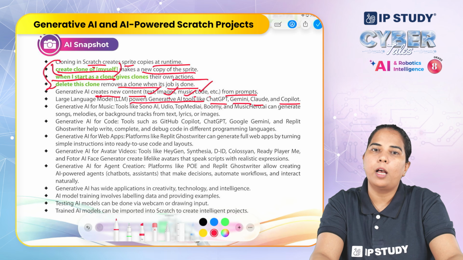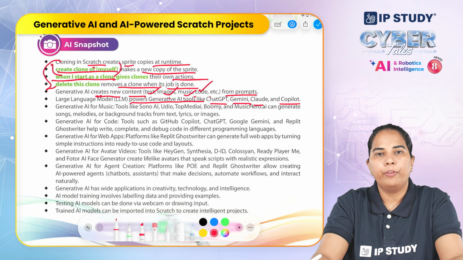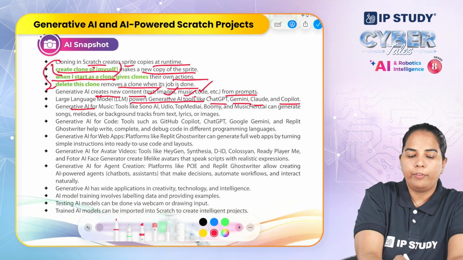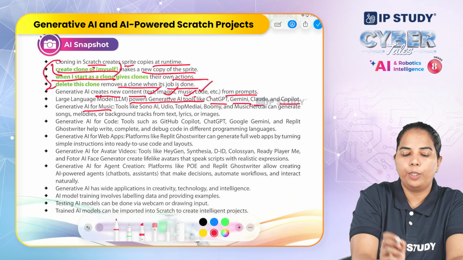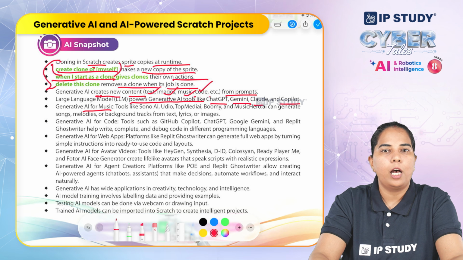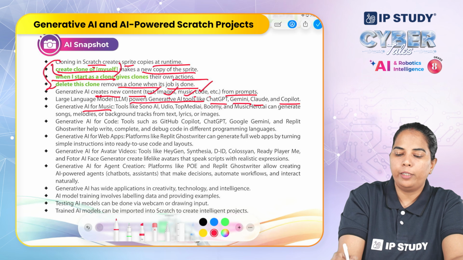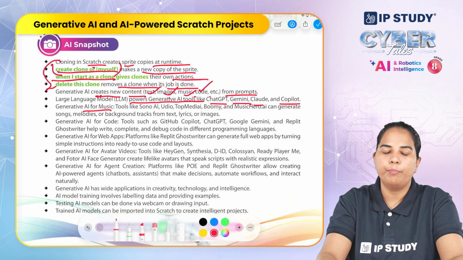We have seen how LLMs can be used and given commands in natural language. Generative AI for music. We have seen how we can use different tools so that different kinds of songs can be created in a more creative manner.